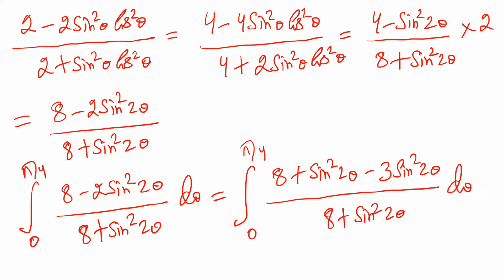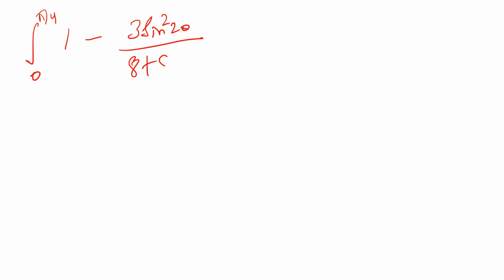Now this integral becomes 0 to pi by 4, 1 minus 3 sin square 2 theta divided upon 8 plus sin square 2 theta d theta. What I have done is separated the terms in the numerator and then divided by the denominator.